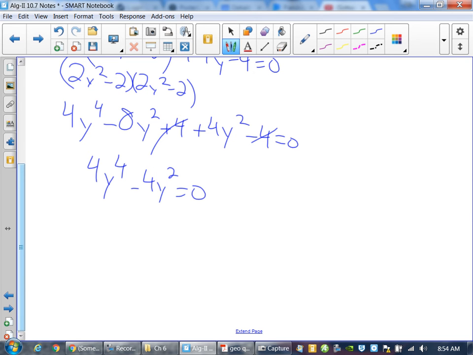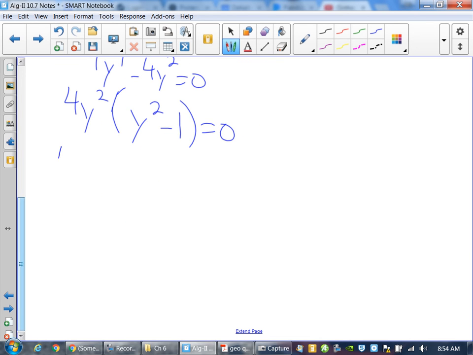There you go. GCF, what do you get? 4y squared. You okay with that? Okay. Now that means you have two terms set equal to 0.